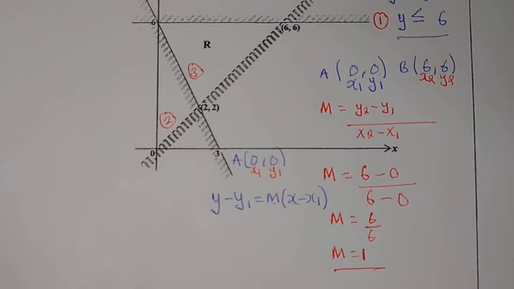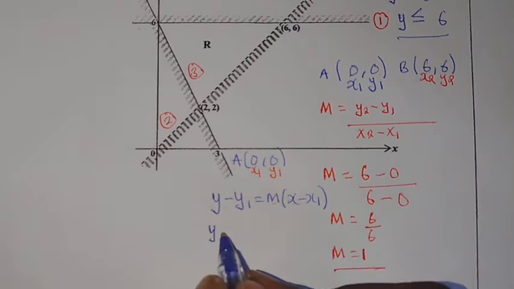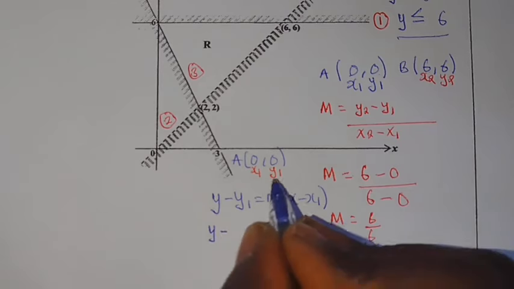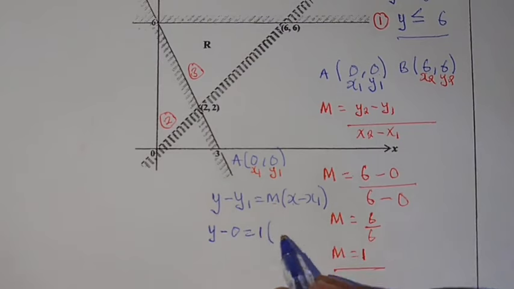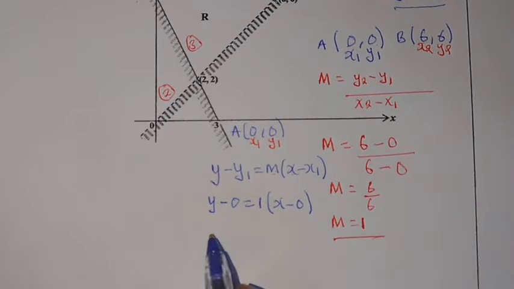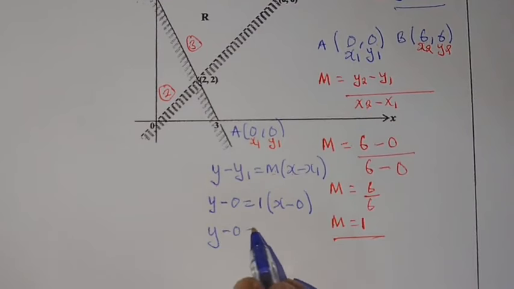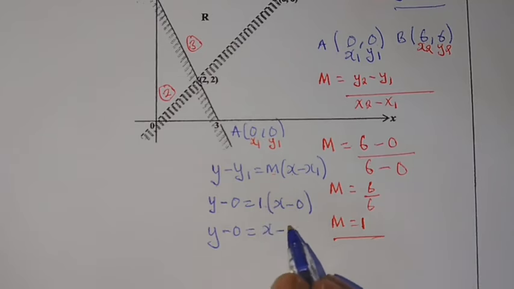So what you are going to do is we replace, we'll say y minus, so the y1 is a 0, m is gradient, which is 1, open bracket, x minus 0, because x1 is also a 0. So from here, we say y minus 0 equal to 1 times x is x, minus 1 times 0 is 0. So from here, we have y is equal to x.